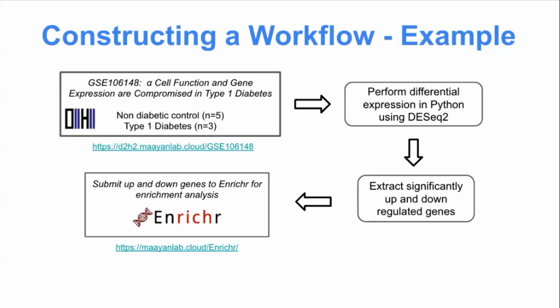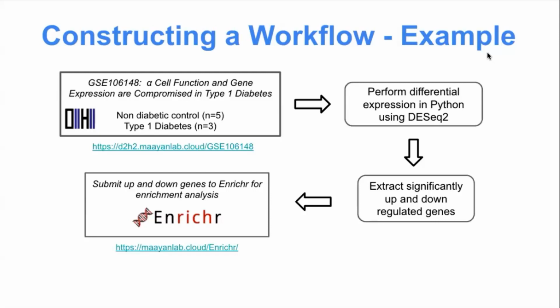And so we can obtain the gene expression samples from D2H2, which serves transcriptomics datasets created from GEO that are relevant specifically to diabetes.